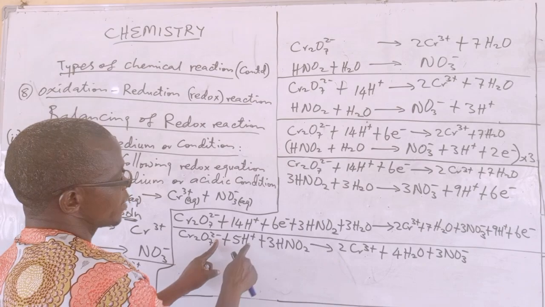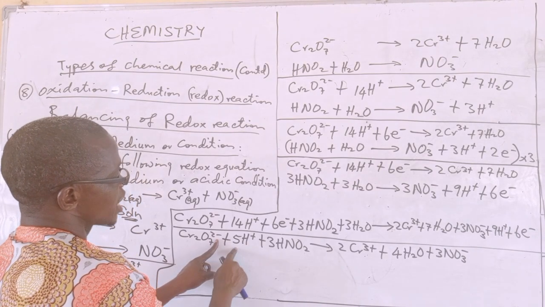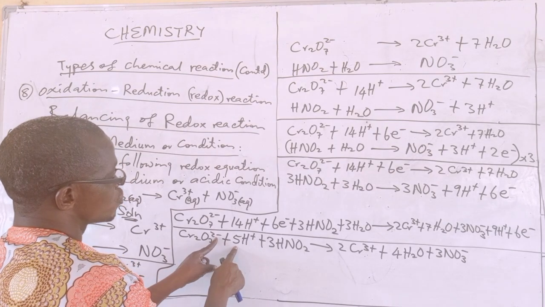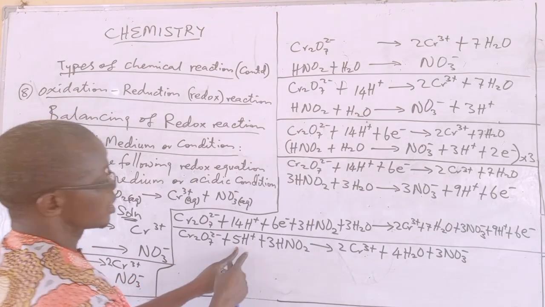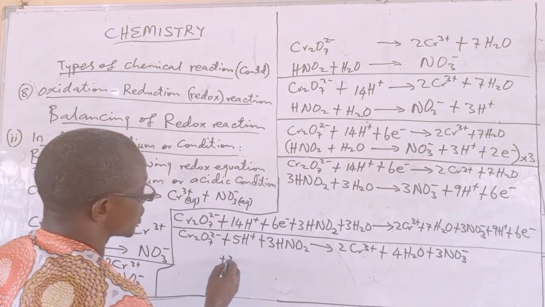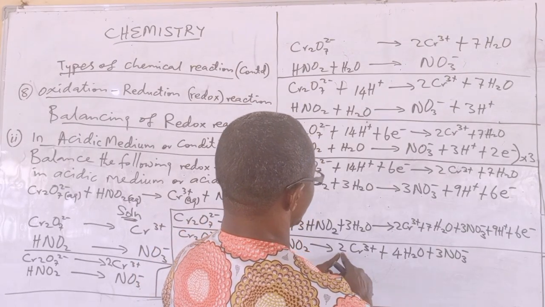Here you have 5 times plus 1. That's plus 5. Plus 5 minus 2, plus 3. Remember, you are keeping plus 3 in the reactant.